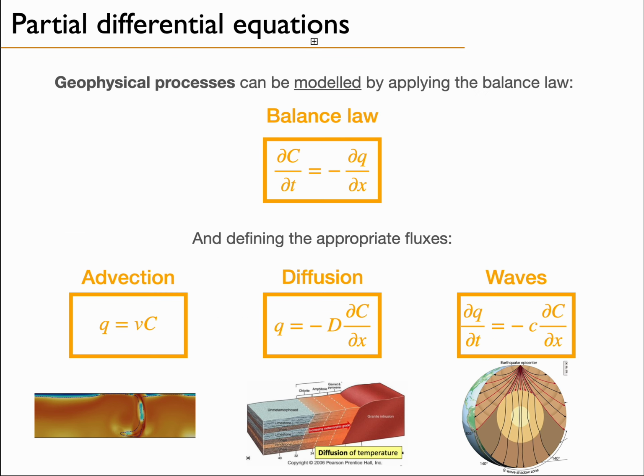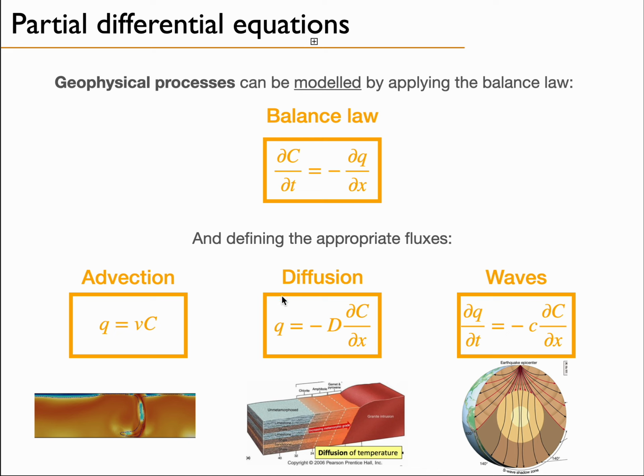Now, to solve different types of problems, such as an advection-dominated problem, a diffusion-dominated problem, or a problem of wave propagation, we always need to refer to this equation, but we need to specify the flux Q. For the advection-dominated problem, the flux will be proportional to C and to the velocity.